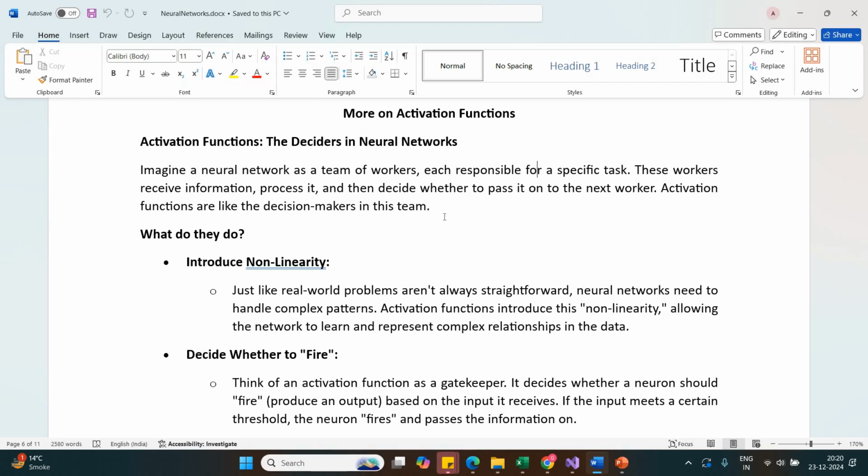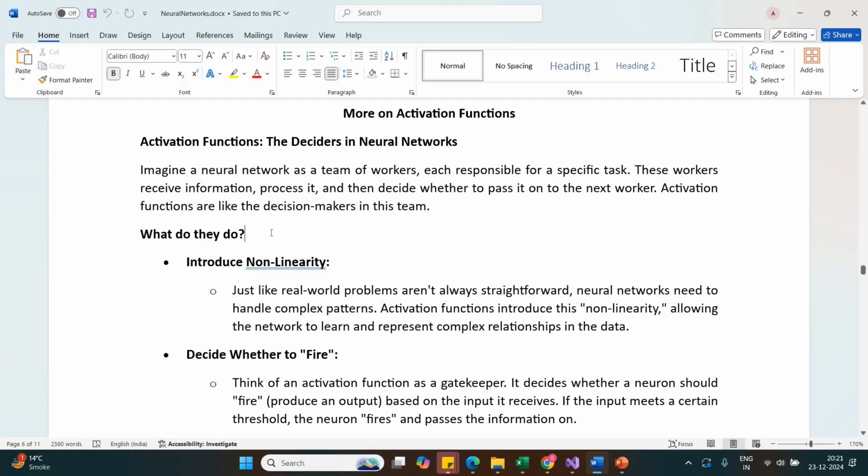If the first layer of workers, or neurons, identifies that yes, this is the face of a cat, only then do you need to move ahead. Otherwise, there is no need to move ahead. That's how it decides. The activation function decides whether the next layer of neurons should fire to identify the next part of the body. I'm just giving an example; there are many complex use cases.